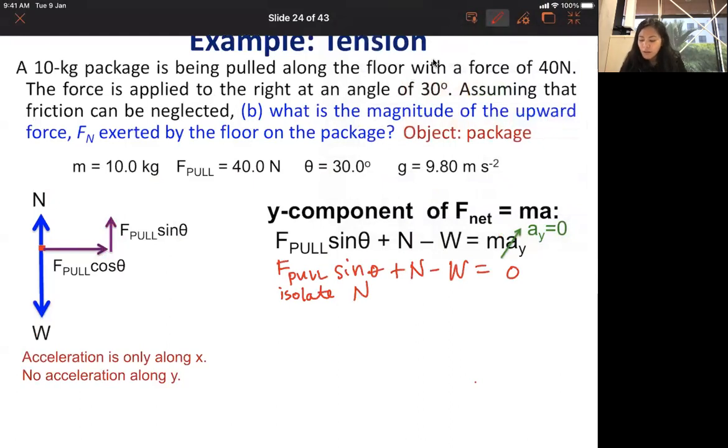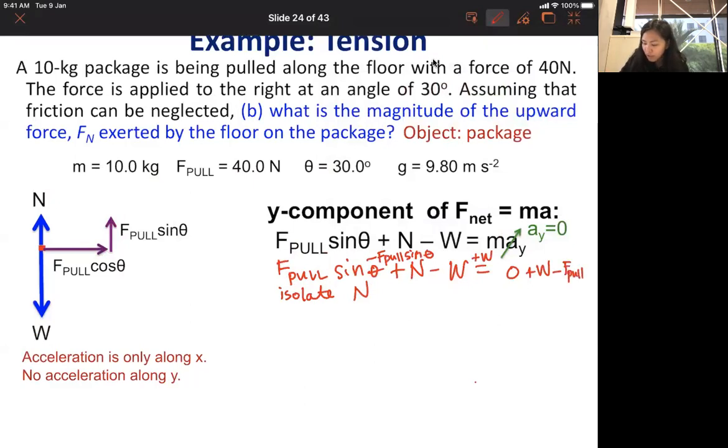Okay, by doing the reverse operation. So it's tied with minus W. So if we add W on the left side, we also add W on the right side. And then you have a plus F pull sine theta. To get rid of that, you subtract F pull sine theta, and you do that on the right side as well.